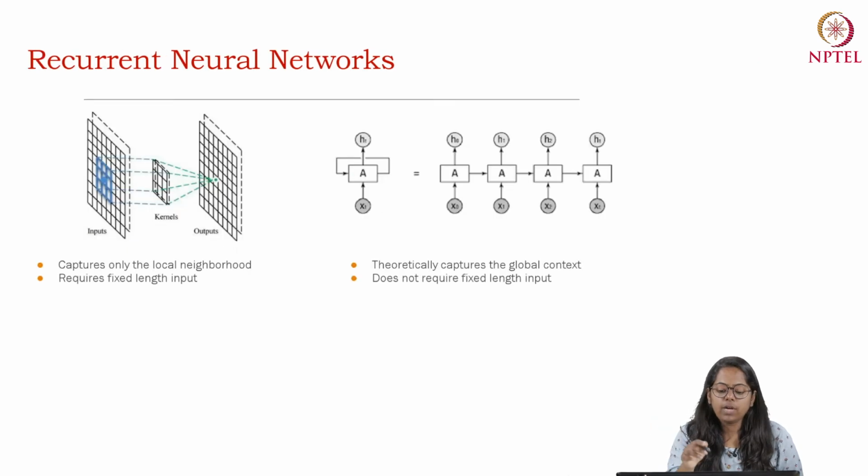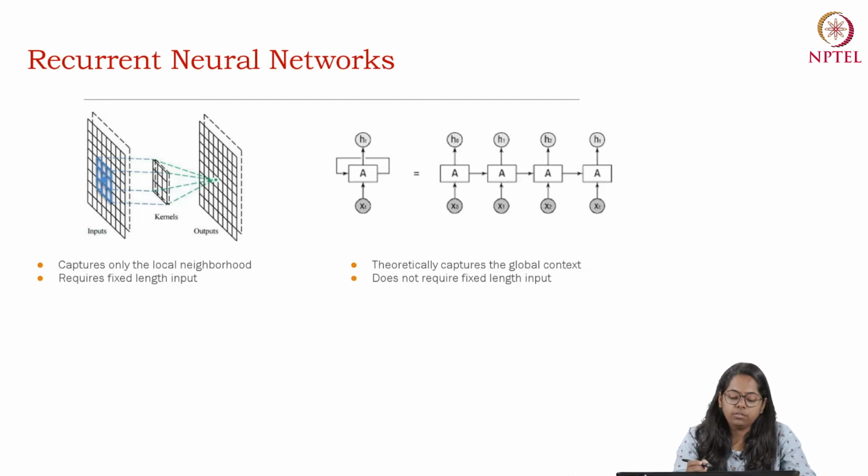Now, while convolutional neural networks have proven effective for, say, image manipulation tasks, what happens if the given input is a sequential input, that is, the input at time step t depends upon the input at time step t minus 1 or time step t minus 2?